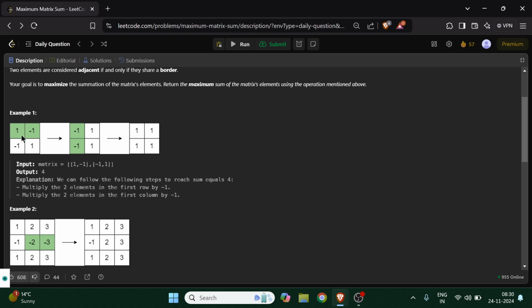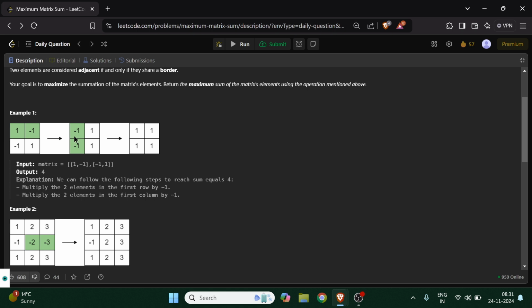So the first example is this one. The current configuration is such. First of all we pick these two adjacent elements and multiply them with minus 1 as asked in the question. So now this minus 1 will become positive and this 1 would become negative. Hence the configuration would be like this.